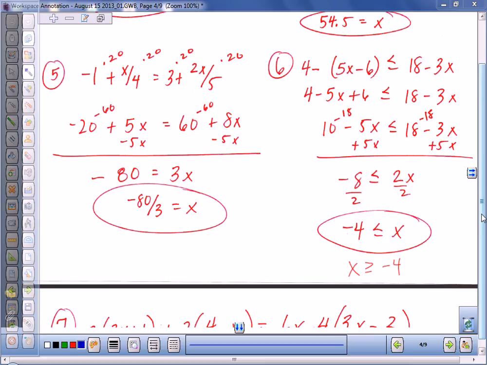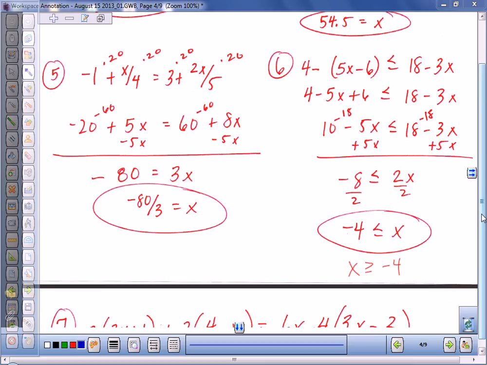Okay? Why'd you multiply by 20? I chose to eliminate my fractions. That's what I taught yesterday. You did not have to do it that way. The common denominator for 4 and 5 is 20. To eliminate my denominators, if I multiply each term through by that 20, it makes the denominators go away.